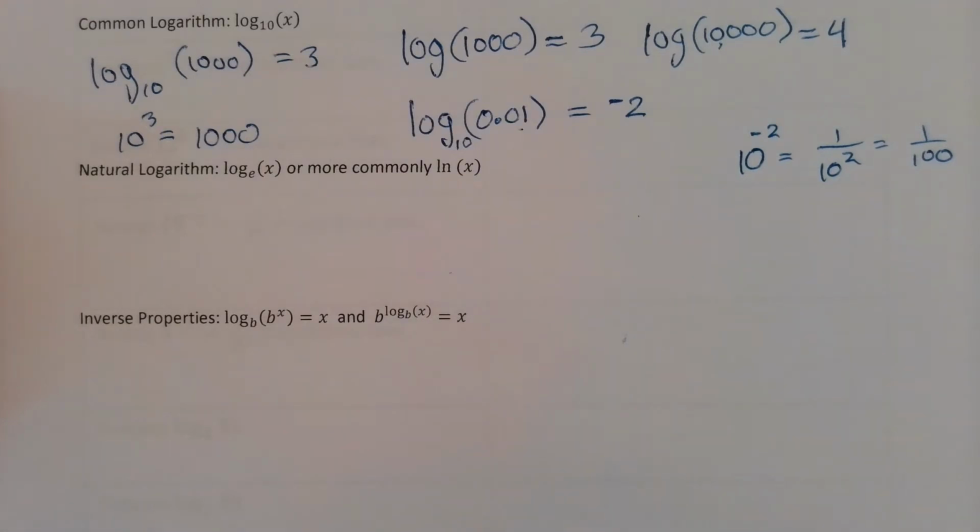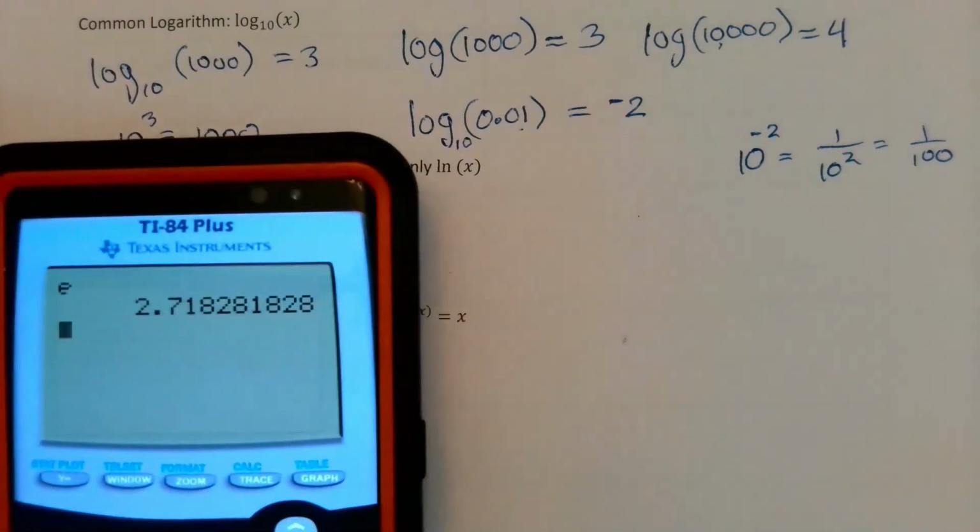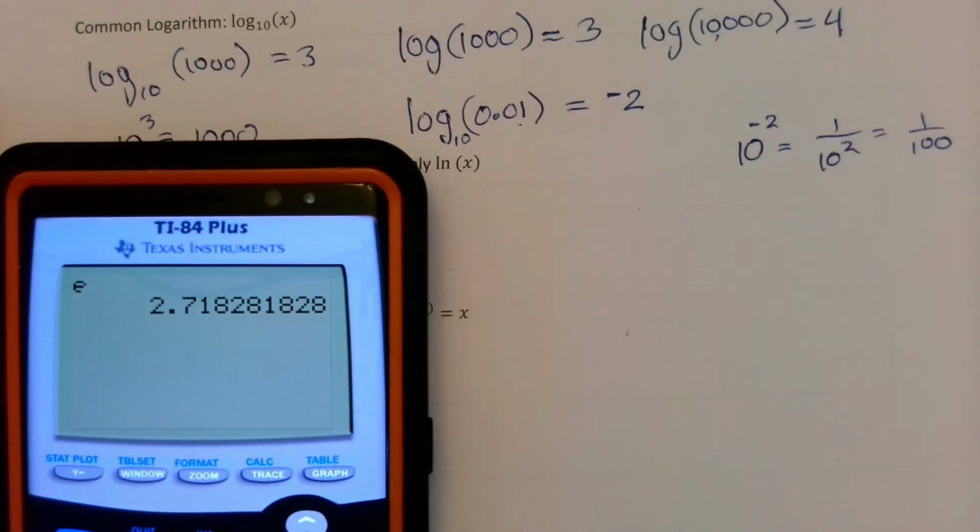Okay, and in case you've never seen the number e before, or you missed the previous video, the number e is an irrational number that looks like this: the ones digit and then 9 decimal places of e. It is like pi.